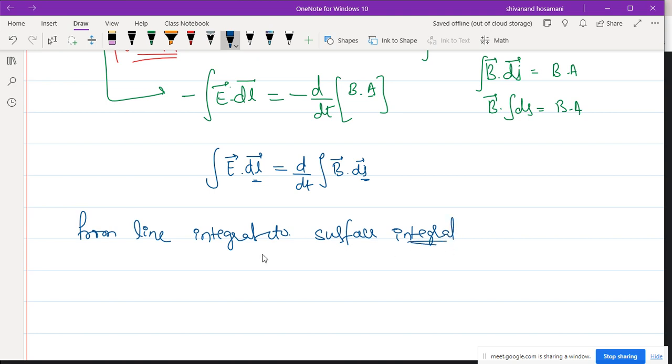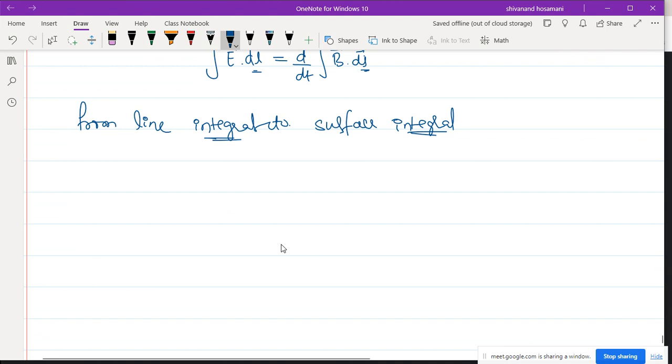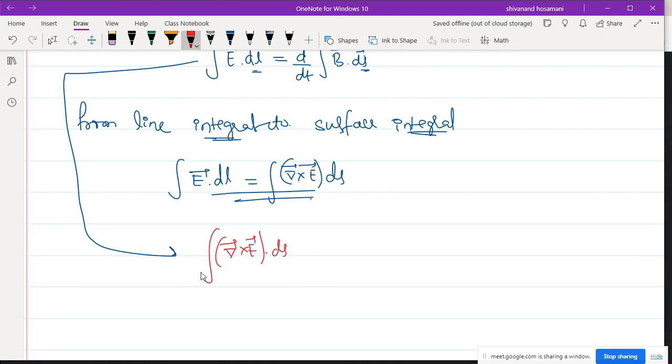For that we use Stokes theorem: if any vector E dot dl is integrated, it can be converted into a surface integral by taking del cross E into ds. So I will write del cross E into ds equal to d by dt of B into ds.